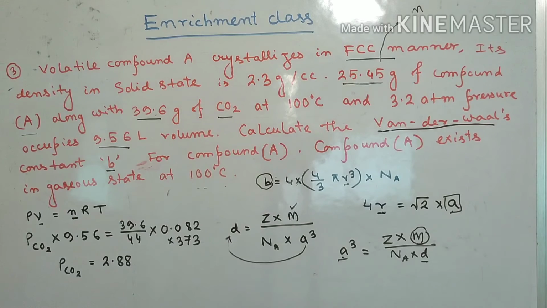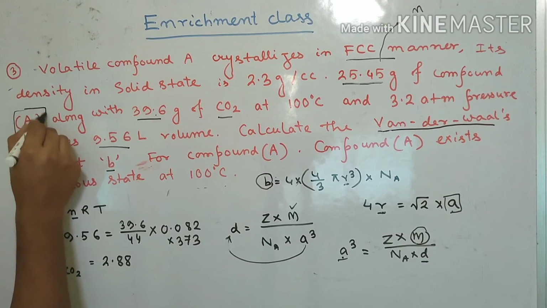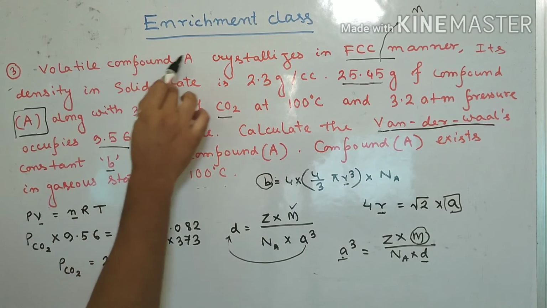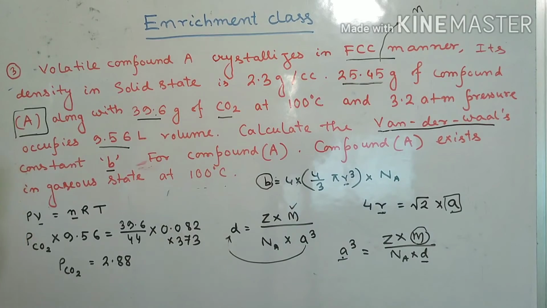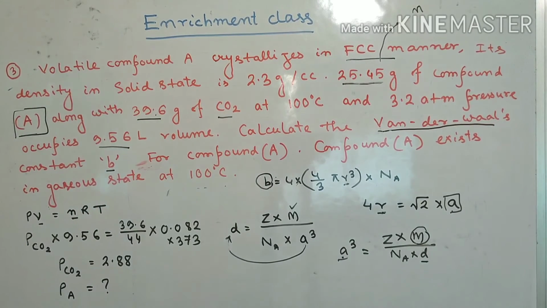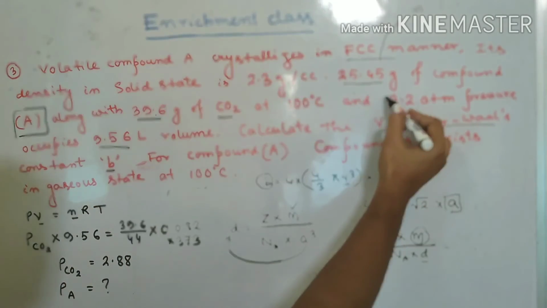Now the question is, we have to calculate for A gas, right? Because volatile compound A crystallizes in FCC manner and its density in solid state is given. But what should be the partial pressure of A that is to be calculated? Check here. The total pressure is given.